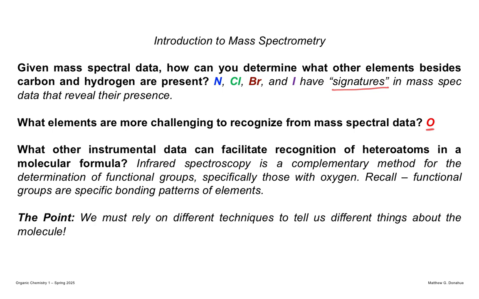And the thread to infrared spectroscopy is that we learned a lot of functional groups that do contain oxygen, and the infrared data is going to give you explicit signatures of those different oxygen-containing functional groups.